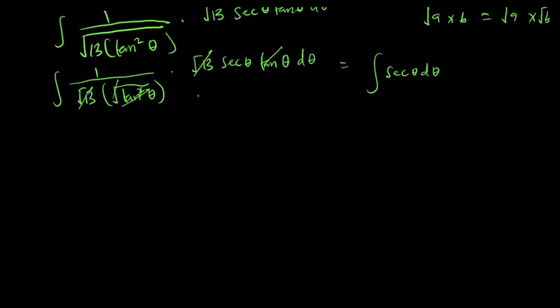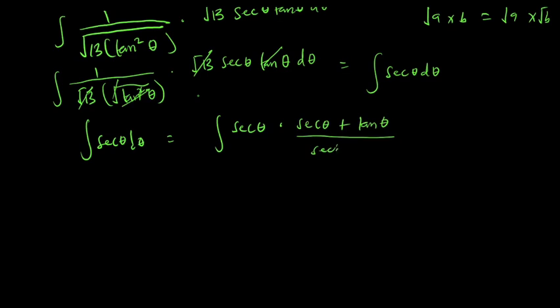So if you want to integrate sec theta d theta, what you need to do is multiply the top and the bottom by sec theta plus tan theta over sec theta plus tan theta d theta.